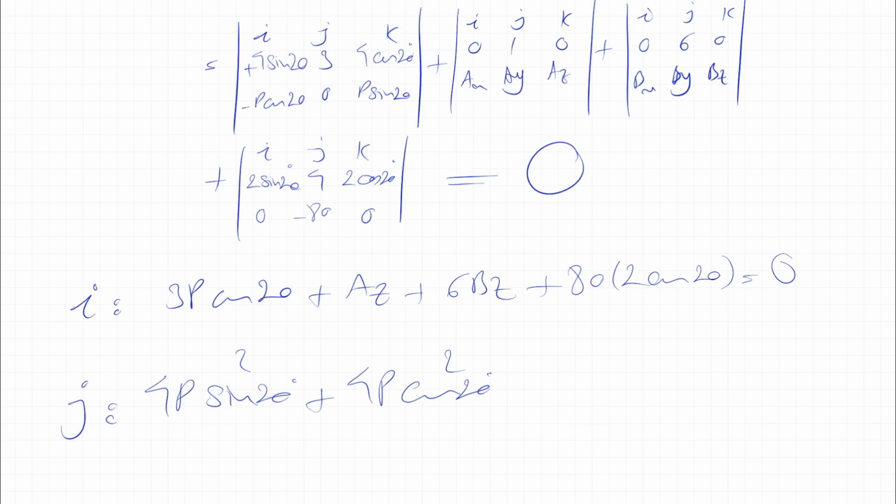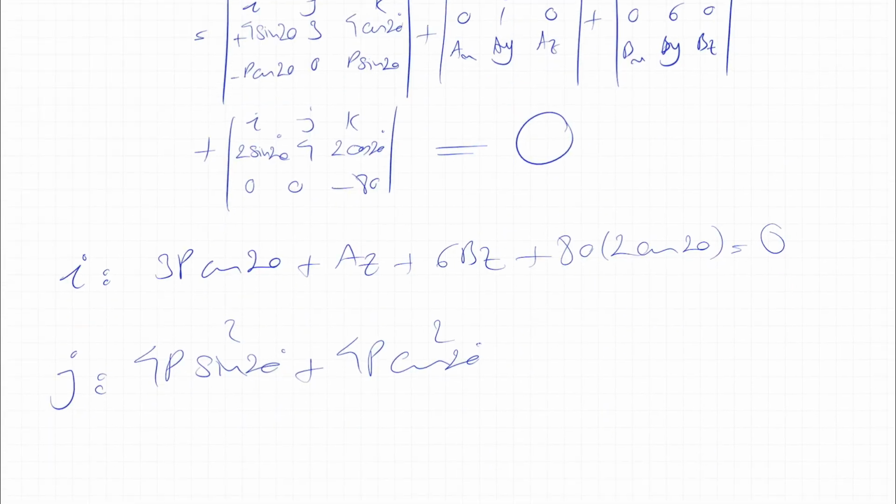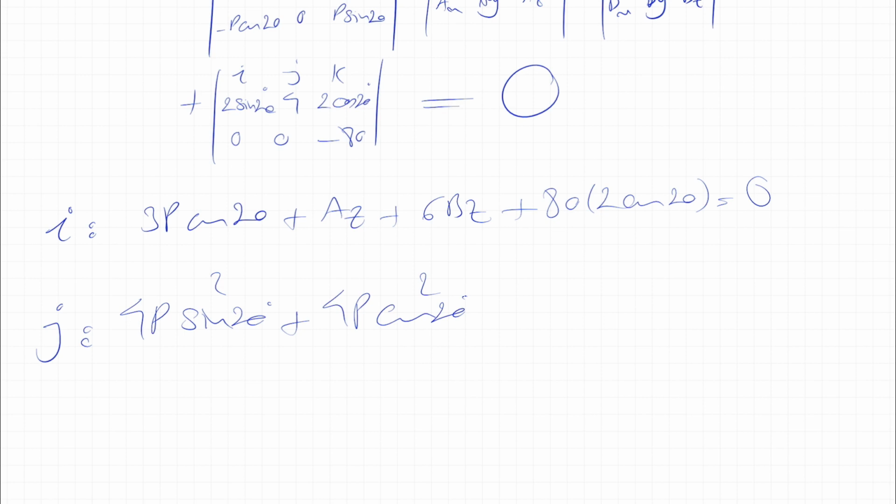There won't be anything for the second and third matrix, and the last matrix that we have also won't have. Actually, I made a mistake in here. So this will be 0 minus 80 would be the last component, because it will be the K component of the weight.